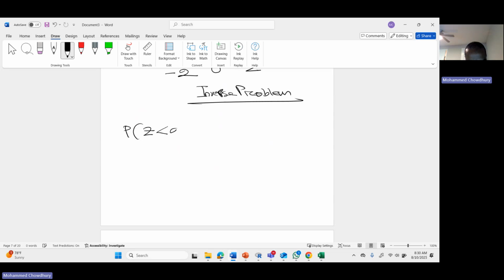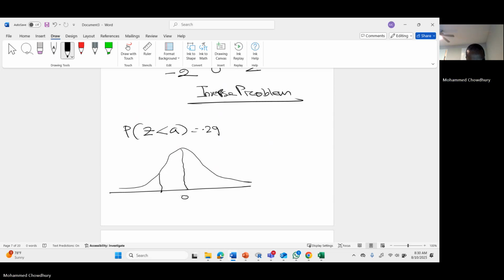Probability of z less than a equals 0.29. Let me explain. Here z equals 0, here is a, and this area equals 0.29. How can I find this?